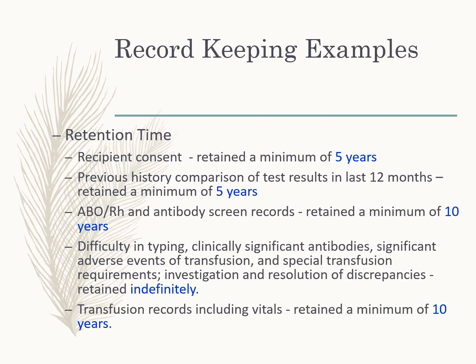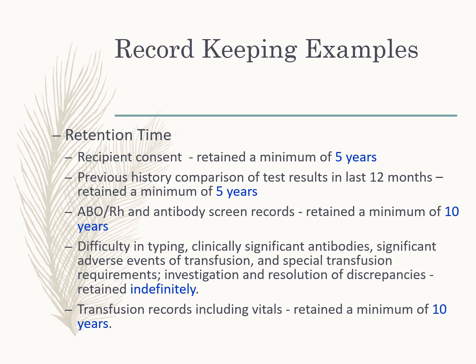So record keeping is highly regulated and everyone has different rules. Sometimes the state rules will be more conservative than the federal rules. You always have to go with the most conservative standard. So when you have recipient consent, you have to retain that record for 5 years.